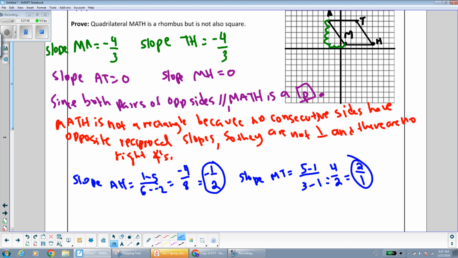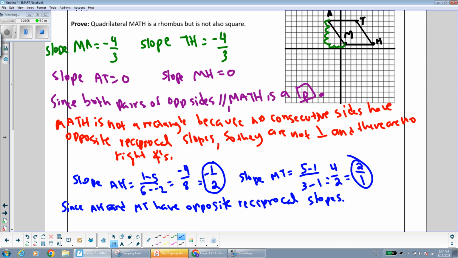So I'm going to write here, since AH and MT have opposite reciprocal slopes, they are perpendicular.